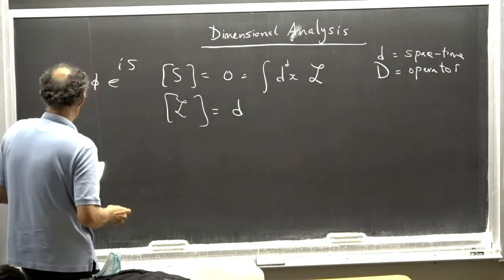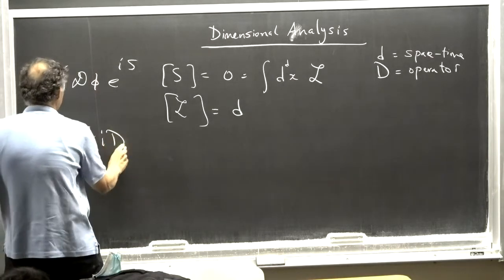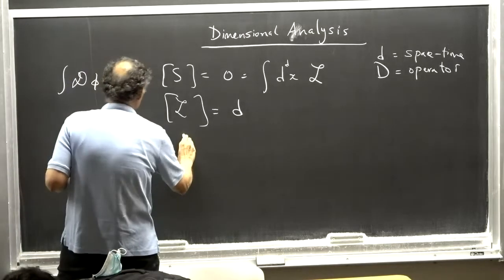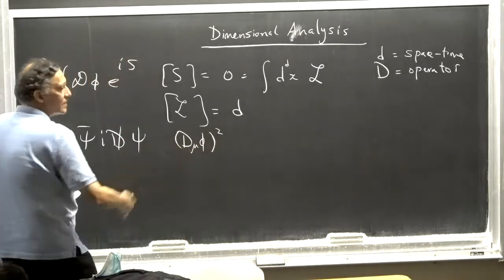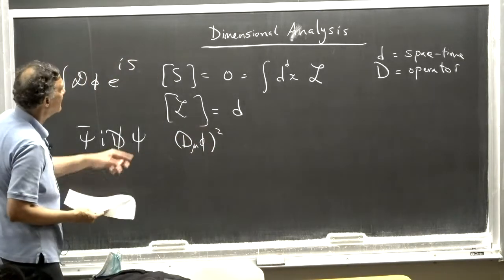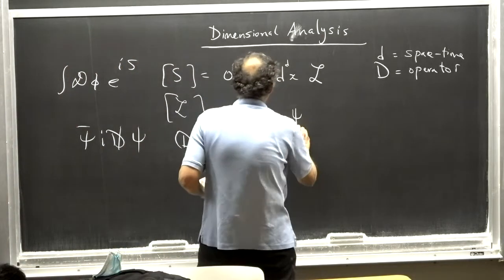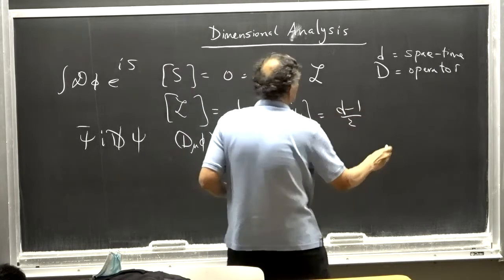So from this, because the kinetic energy for fermions has one derivative, and the kinetic energy for bosons has two derivatives, and they are terms in the Lagrangian, they have to have dimension little d. You see right away that the dimension of a fermion field is (d-1)/2.